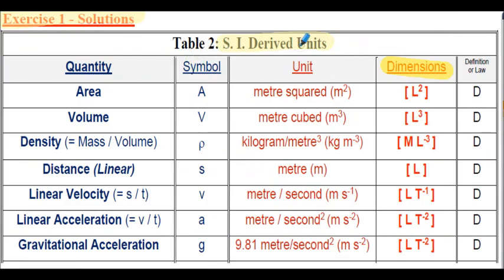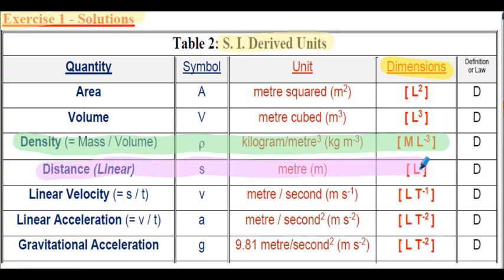Again, referring back to table 2 and our derived units, here's the dimension for density, linear length, shown here in terms of distance, and the dimension for velocity. So again, we're just referring back to the table to extract the dimensions for the various properties within our problem.